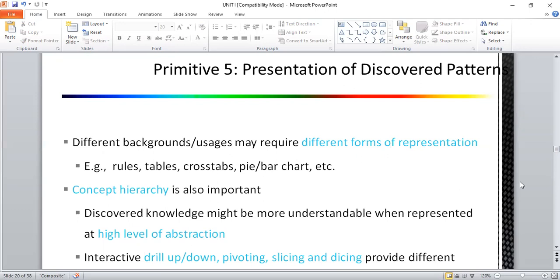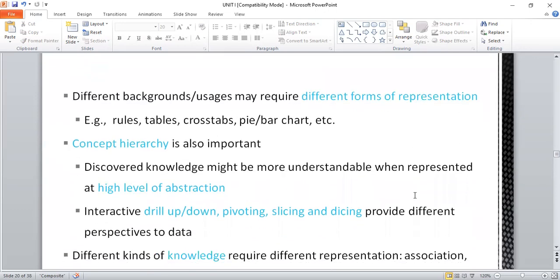Concept hierarchy here also becomes very important. Discovered knowledge might be more understandable when they are represented with high levels of abstraction. So if we are representing our discovered knowledge in the form of levels, it can be more useful. So interactive operations on that concept hierarchy can be performed. Okay, so it will become more user friendly.